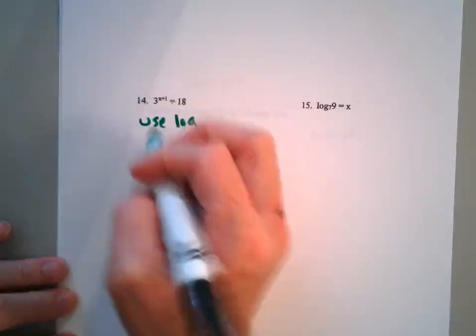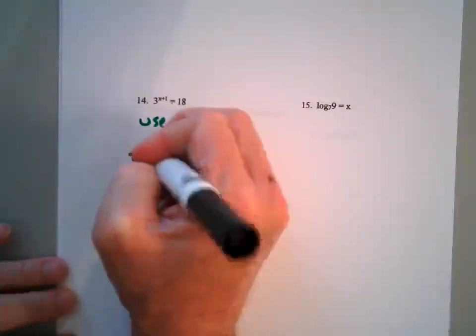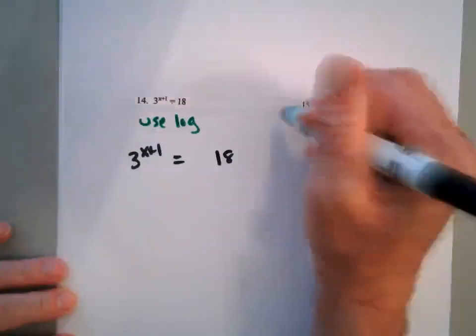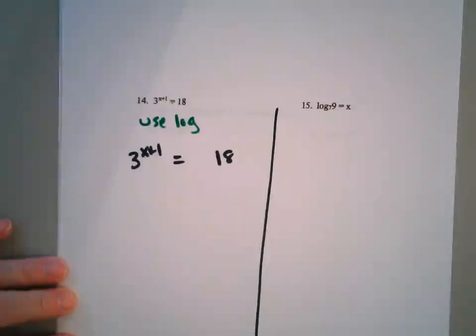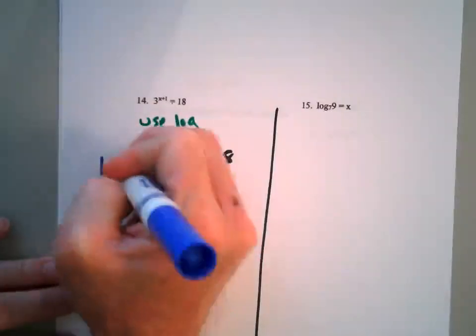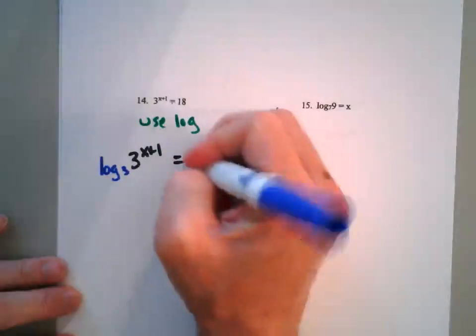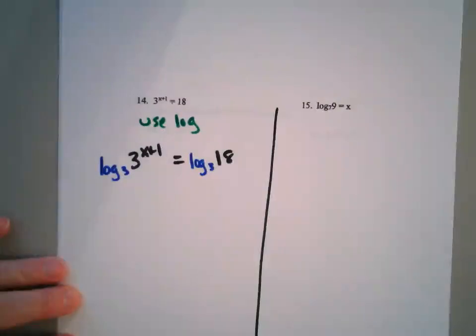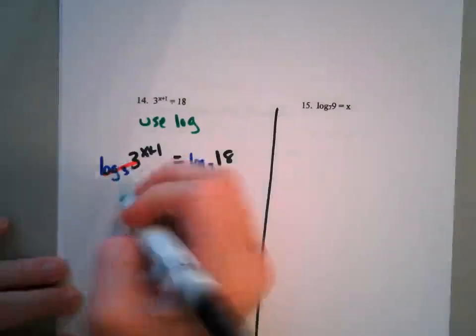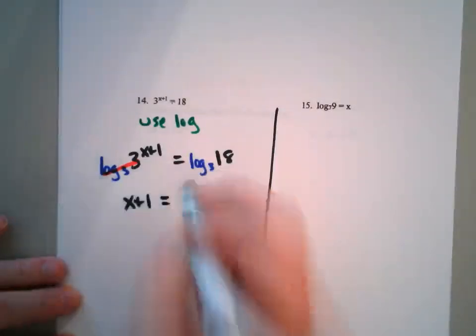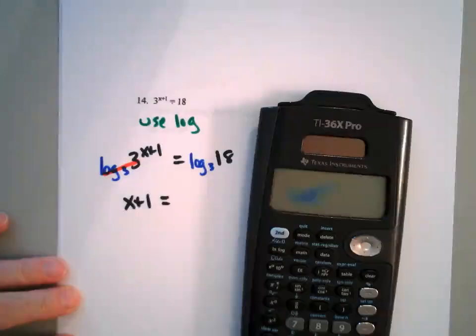Just to rewrite this a little bit bigger, 3^(x+1) equals 18. What kind of logarithm do we want? We want to use a log base 3 because that's what's going to cancel out the exponential. What you do to one side, you do to the other. We get this to cancel. x plus 1 equals, we have to make a calculation.